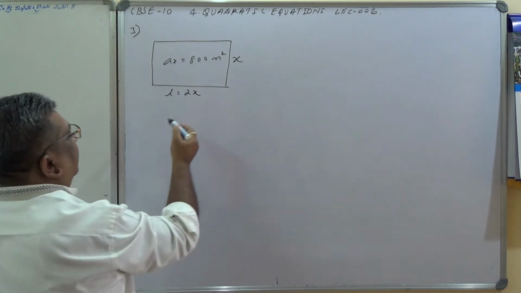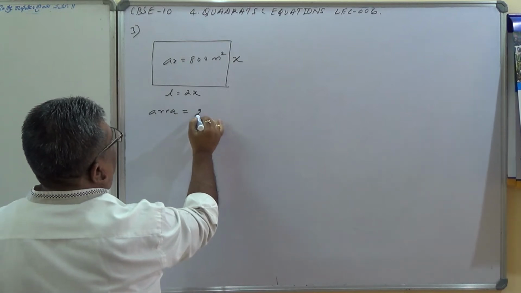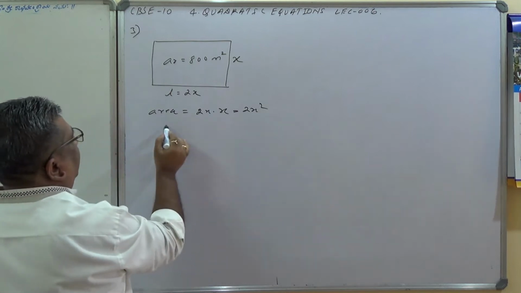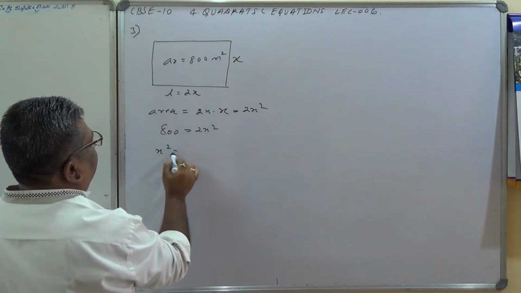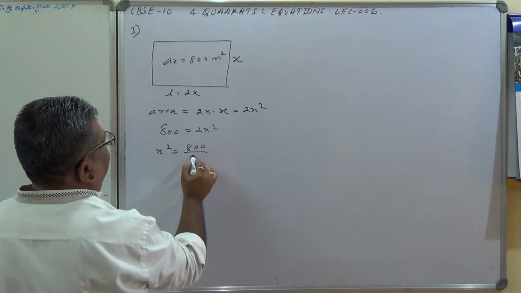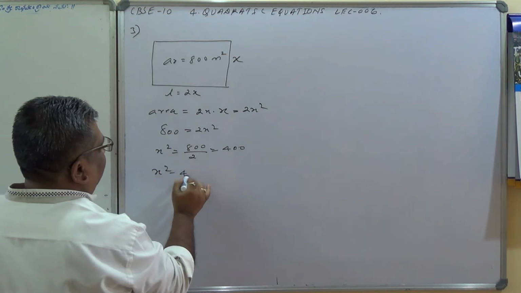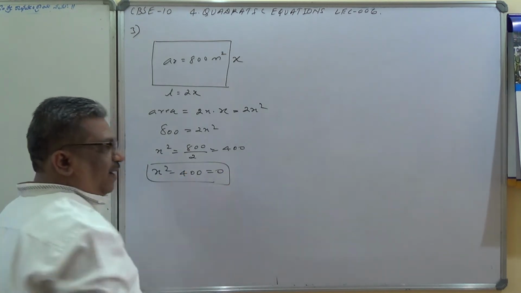So let us see here, area equals 2x into x, which equals 2x square. So 800 equals 2x square. So x square equals 800 divided by 2, which is 400. So x square minus 400 equals 0. This is the equation which I have arrived at.